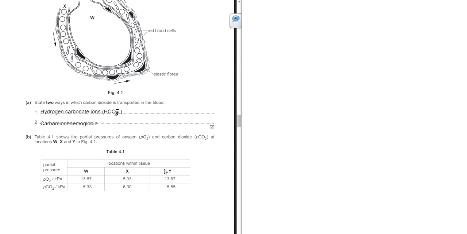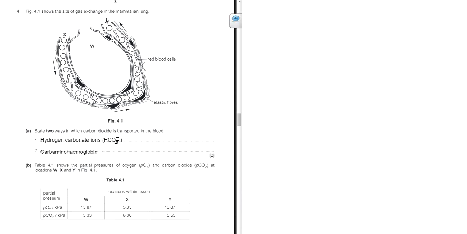At location W, the partial pressure of oxygen is quite high with 13.87 and carbon dioxide 5.33. In the tissue X, carbon dioxide is 6.0 and oxygen 5.3. And at location Y, oxygen is 13.83 and carbon dioxide 5.55.